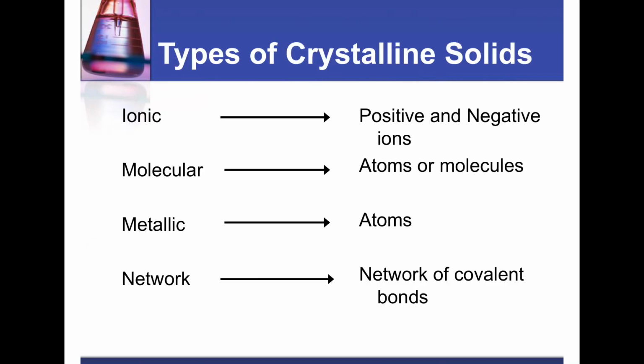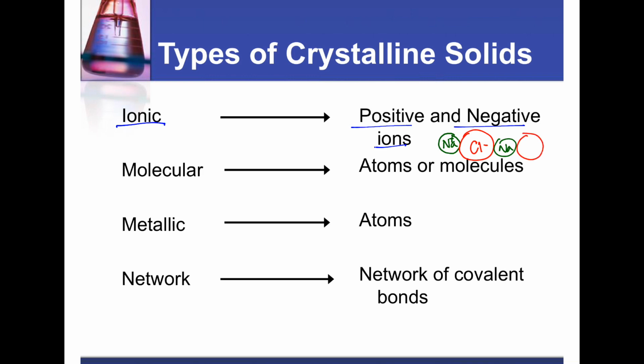So just to remind you what these solids are made out of, if it's an ionic solid, the crystal is made out of positive and negative ions trying to get as close to each other as possible. Our poster child for ionic solids is table salt, which is sodium ions and chlorine ions, and they stack up sodium to chlorine like this.